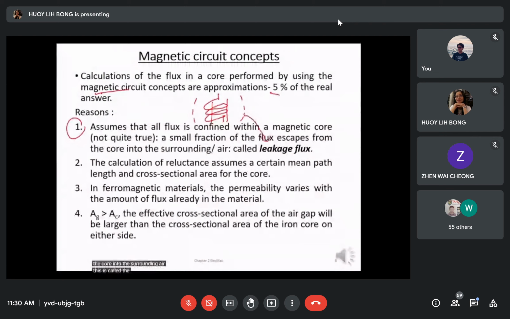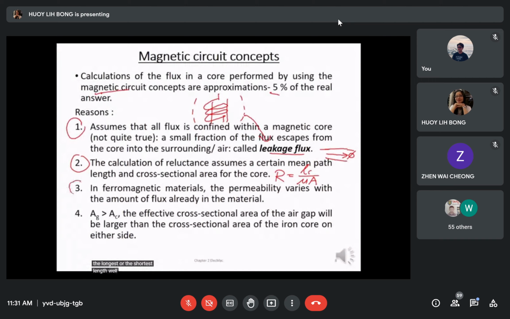Number two, the calculation of reluctance assumes a certain mean path and the cross-sectional area of the core. For the path length, we only consider from the middle of the core and not the longest or the shortest length.